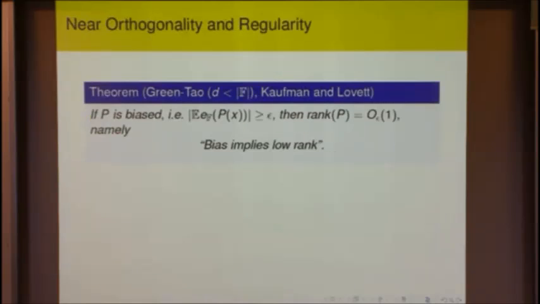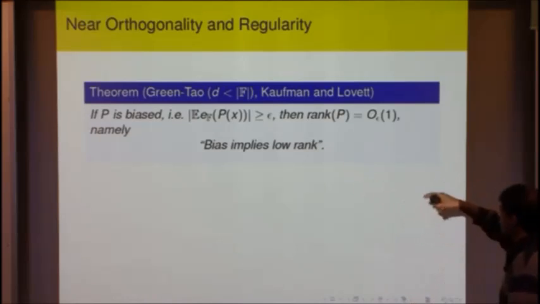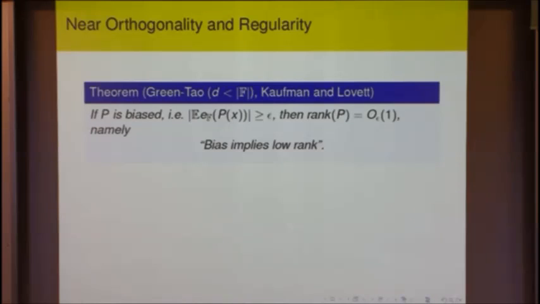Okay, and the reason why we are bringing this up is because we have this theorem. Again, Green and Tau showed this over the high characteristic case when the characteristic of the field is greater than d, and Kaufman and Lovett handled it generally. The claim is that if the polynomial is biased, meaning that this quantity is at least epsilon for some non-zero epsilon, then the rank is bounded.